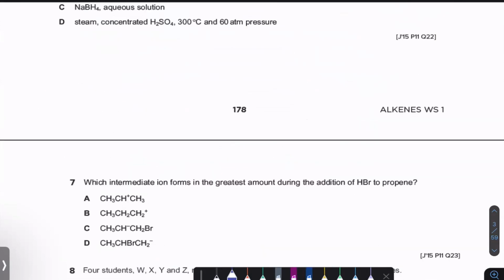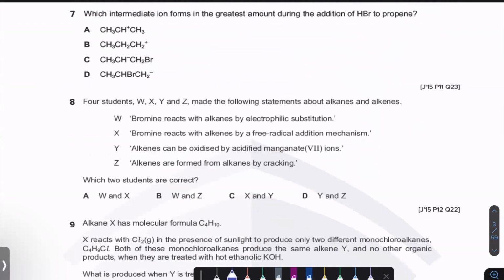चलो जी, यहीं से start कर लेता हूँ. Which intermediate ion forms in the greatest amount during the addition of HBr to propene? ठीक है, अभी हमने addition का reaction का mechanism लिखा था. ठीक है, so उसमें obviously it's the one that has the greatest inductive effect. Which one is it?